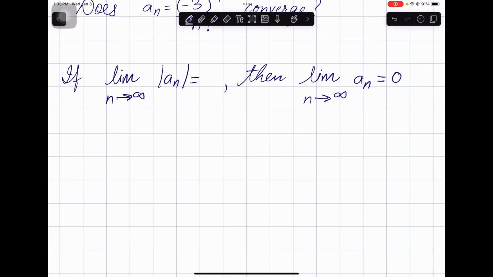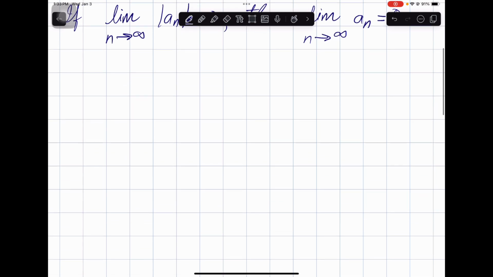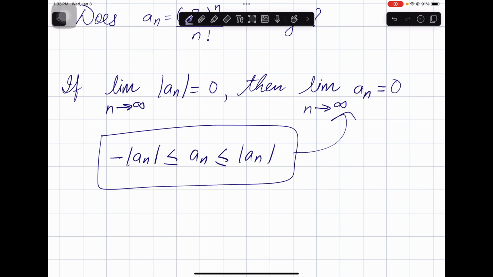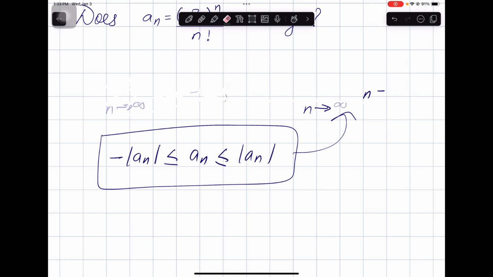Or substitute this with L, then this will also tend to L, or whatever it is. Let's say 0 for this case. And how this came into being is you just applied the squeeze theorem, and this is the bound you used to get this. So we will be using this corollary for solving this question.